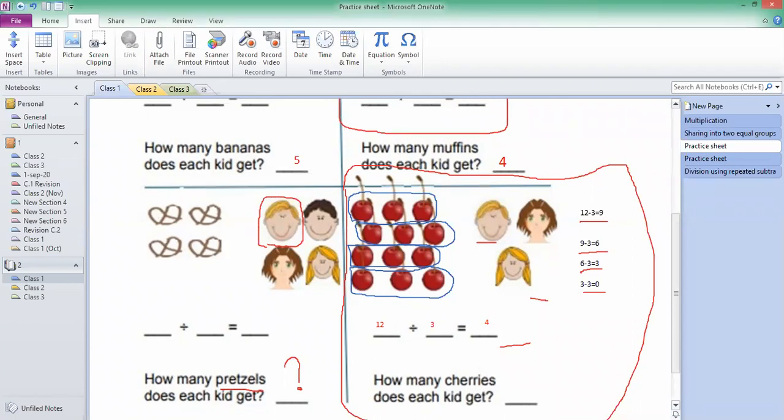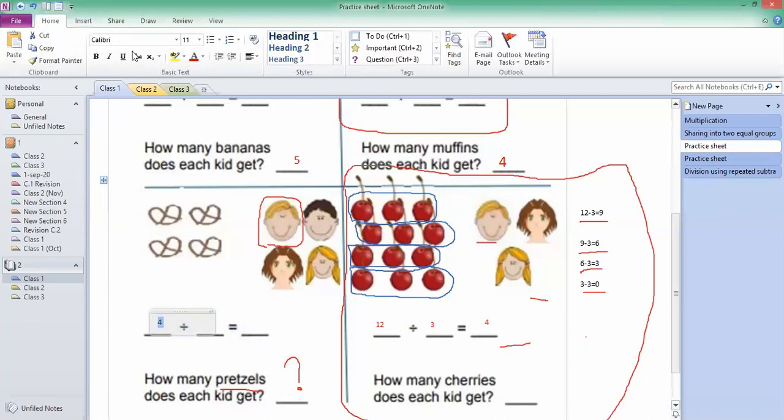So you are going to divide these 4 pretzels among how many kids? 1, 2, 3, 4. So I will write here 4 first. And you have to divide among 4 kids. So 4 divided by 4 equals what?